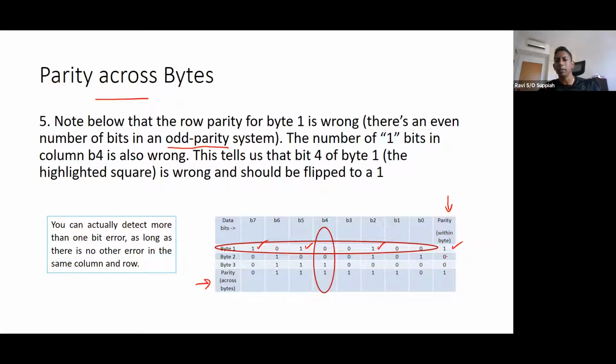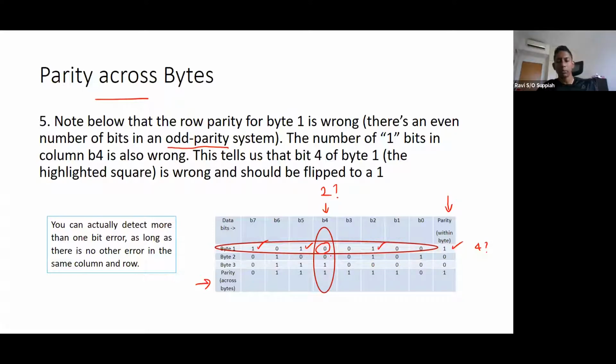By right it should be an odd number, but it is a 4, so something is wrong. Then if I look at the columns, you will see that this column has 2 ones, which is an even number. So again, something is wrong. The rest of the columns have an odd number of ones. So by looking at the row and the column, I can know that this particular bit is the one with the problem.